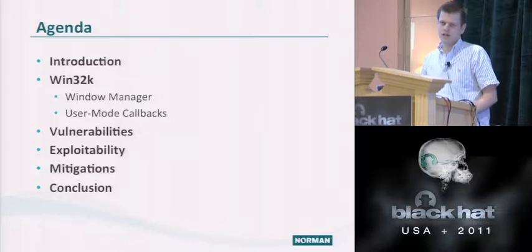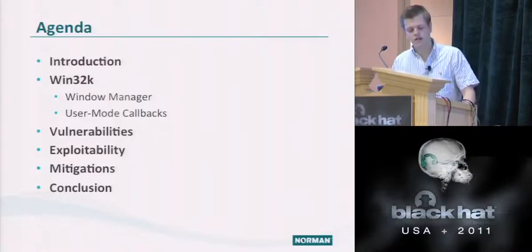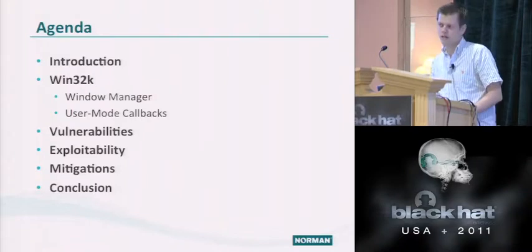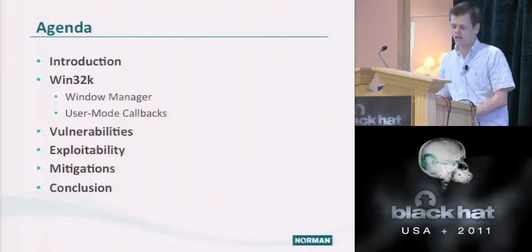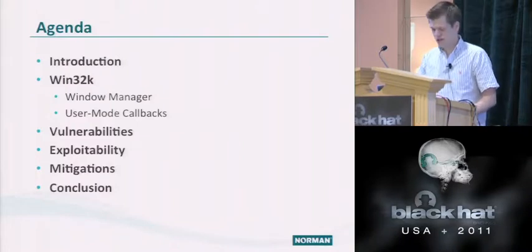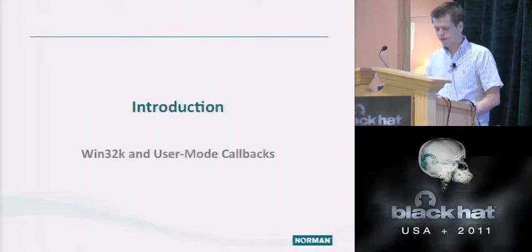We'll look at several of the vulnerabilities. We'll look at their exploitability, and we'll also try to mitigate exploitation of some of these issues. And we'll wrap up with some concluding remarks in the end.